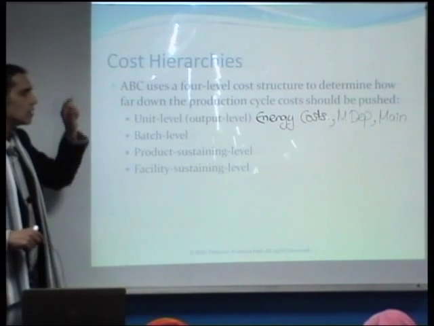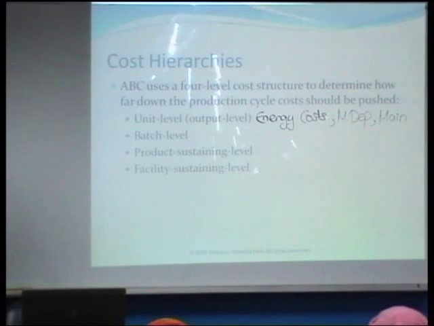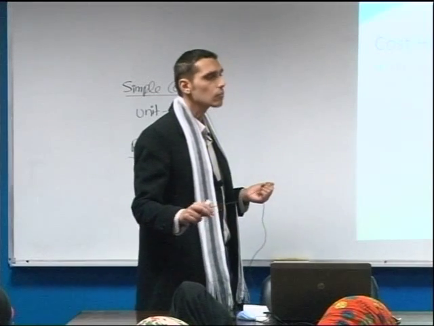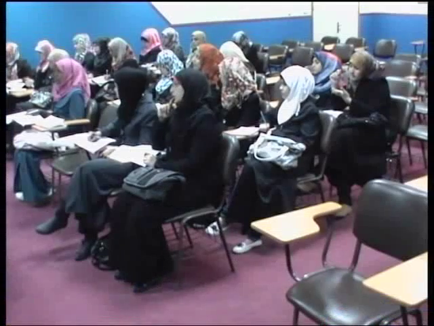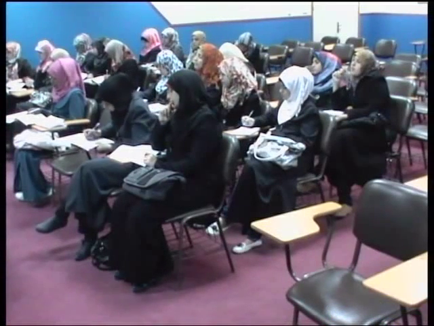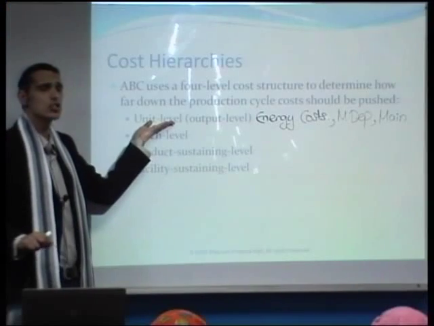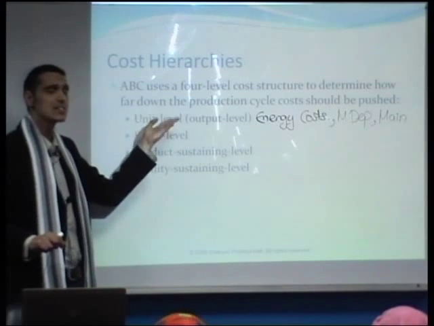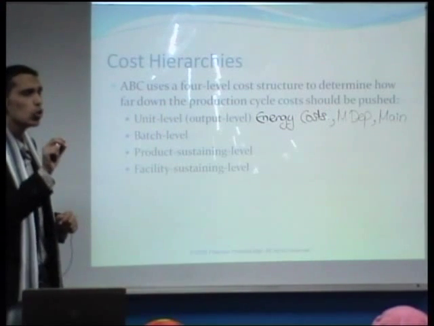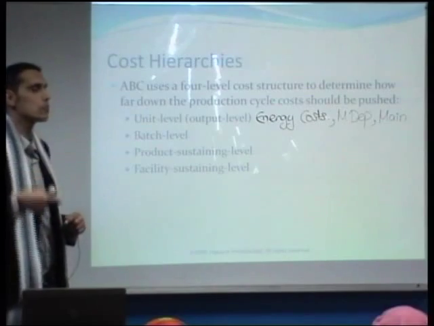So, what do you mean by the second cost hierarchy, which is the batch level? Cost of activities are related to group of units of product or services rather than individual. Excellent. Therefore, at the unit level, we said that these are the costs of activities that are related to individual units of a product or service.